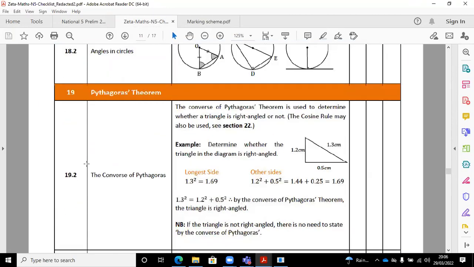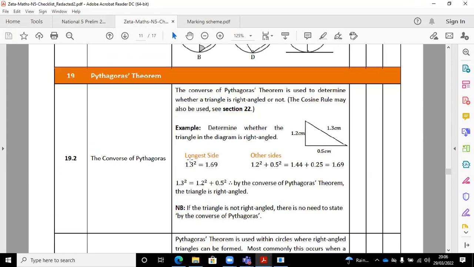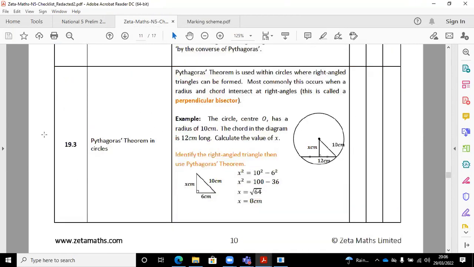Okay, so this is section 19.3 specifically, Pythagoras theorem used in circles. This always comes up. And because I've said that, it probably won't. But there's lots of different ways they can give that information to you.